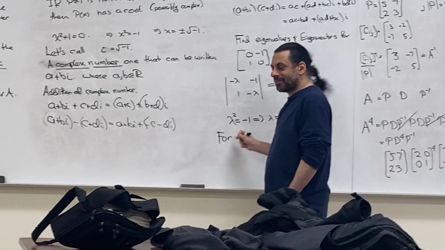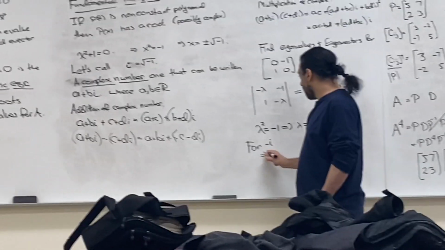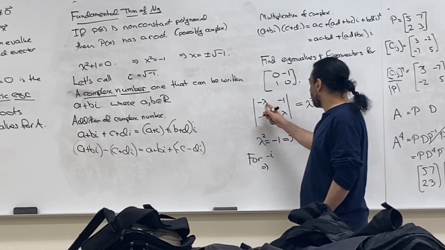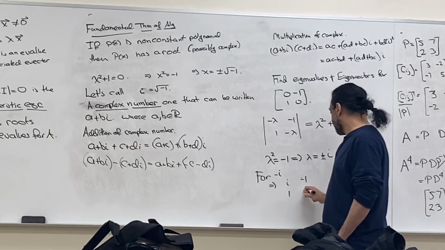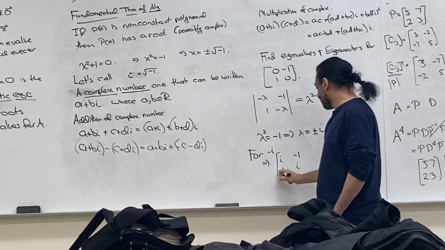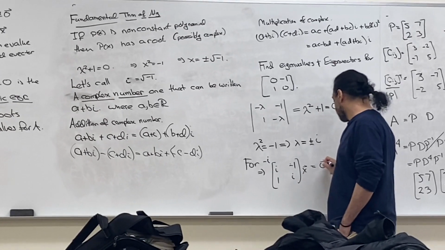Let's use minus i. I picked minus i because minus minus is going to be plus. So we get i, minus 1, 1, i, and I want to solve this times x is equal to 0.